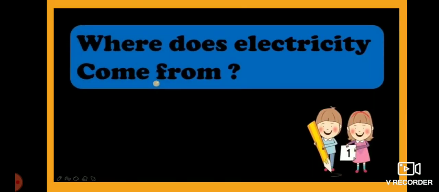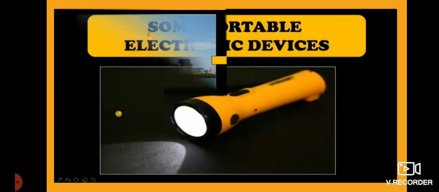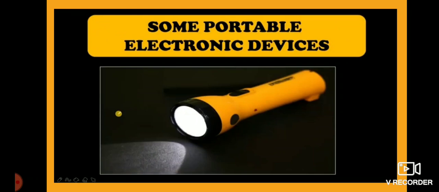Where does electricity come from? A power station provides us with electricity. However, the supply of electricity may fail or it may not be available at some places. In such situations, what do we use for providing light? Yes, a torch, right?